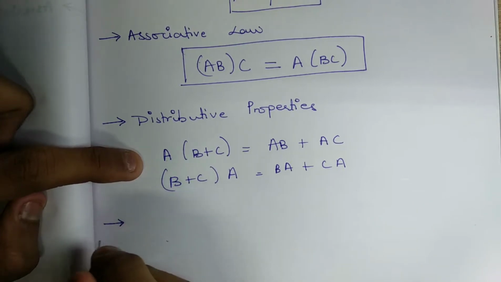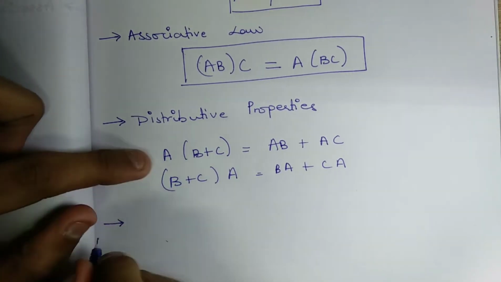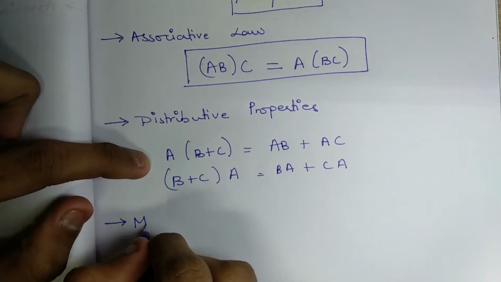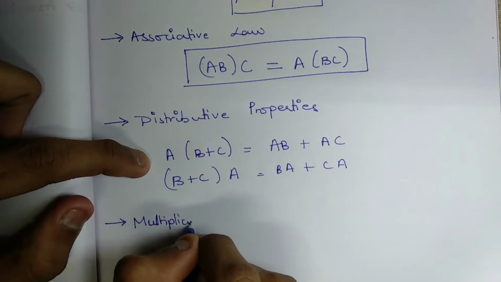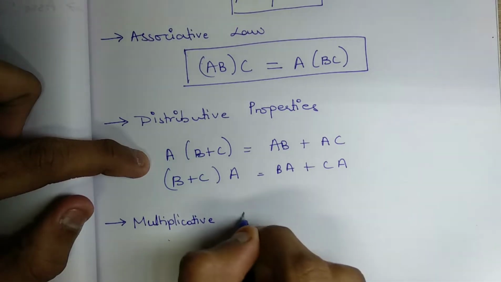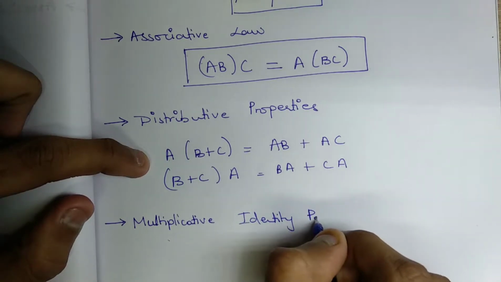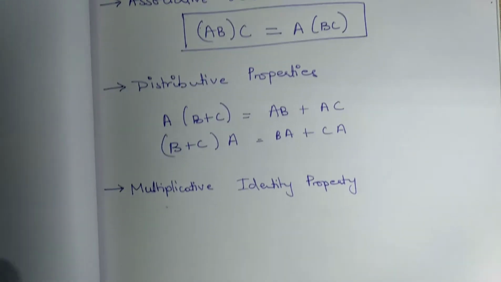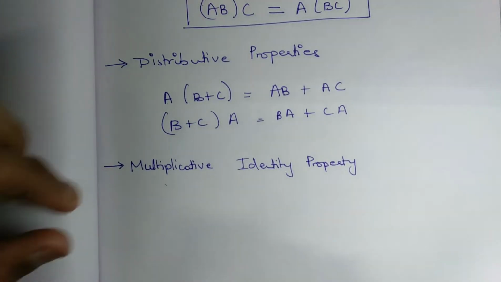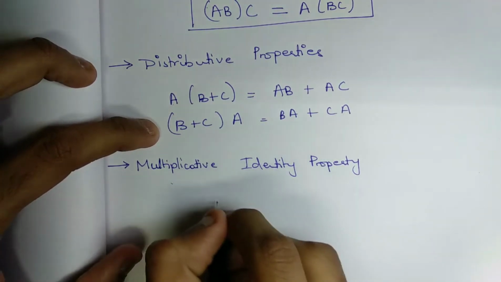The next law is one of the very special laws, the multiplicative identity property. This property will be used for many sums in your future, so this one is very important.